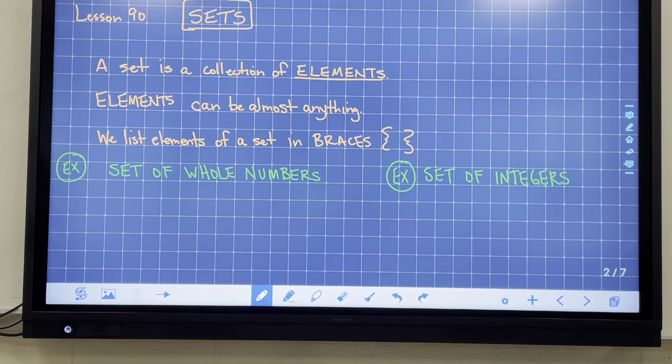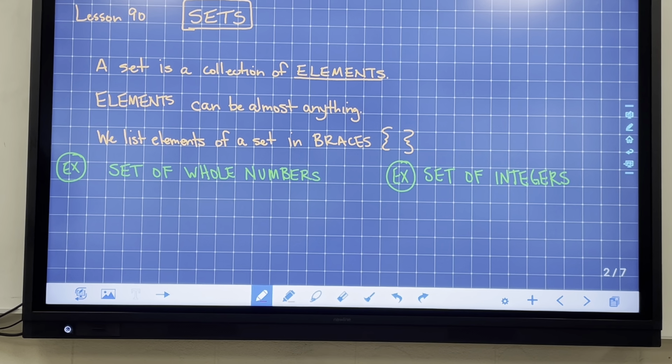Anything that's a group can be a set, and the elements are the pieces or parts of that group. We list elements of a set in braces. This is review. The braces are like the fanciest of the parentheses, of the grouping symbols, and the braces are on both ends of our set.